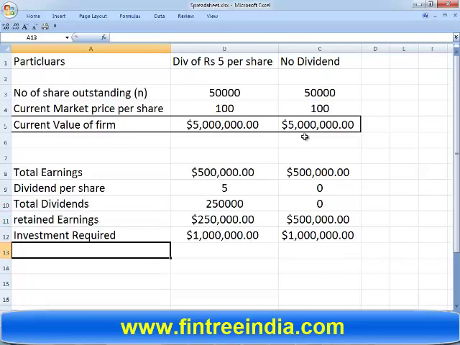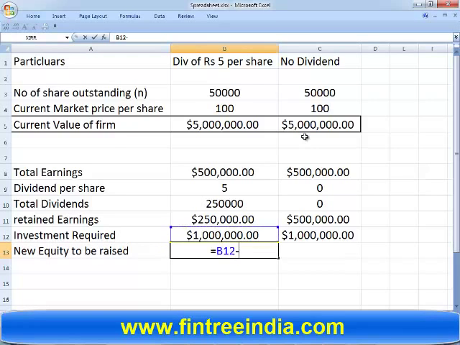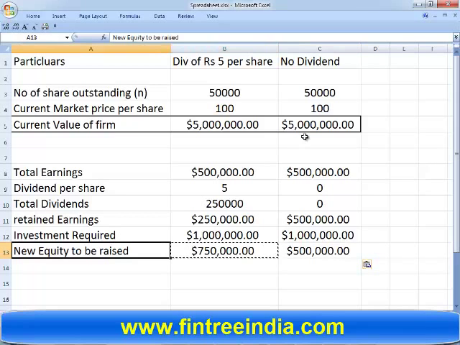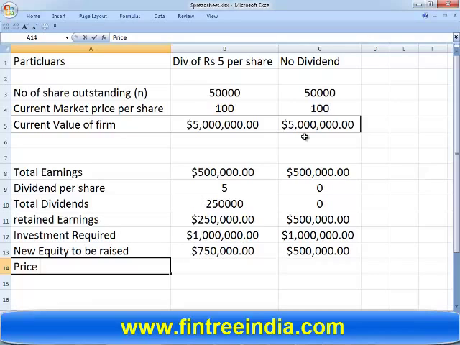Once you have the investment required, then new equity to be raised. New equity to be raised is this minus the amount of retained earnings: 7.5 lakh and 5 lakhs. Price of share at T1.